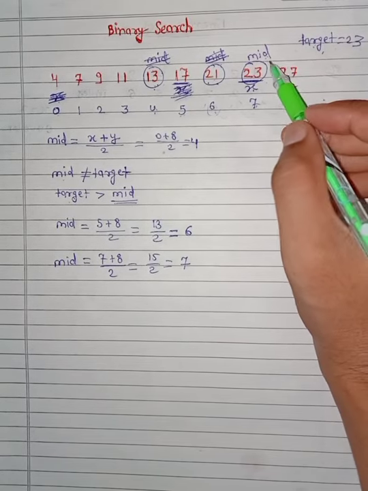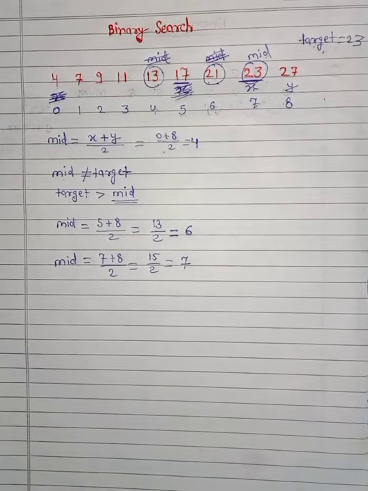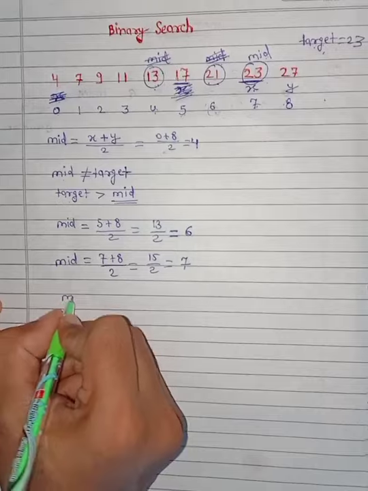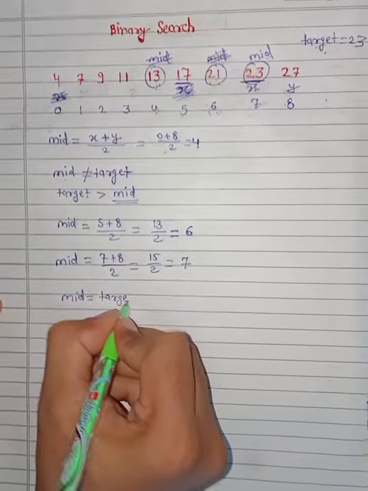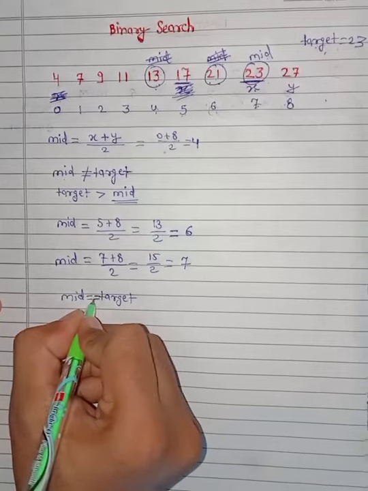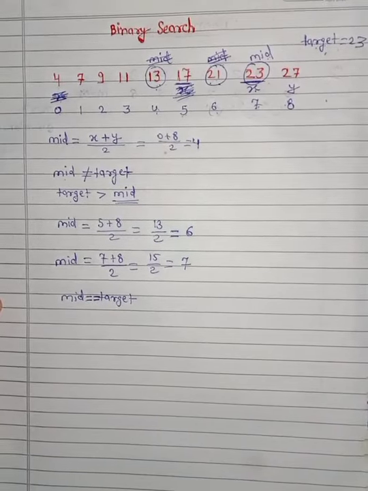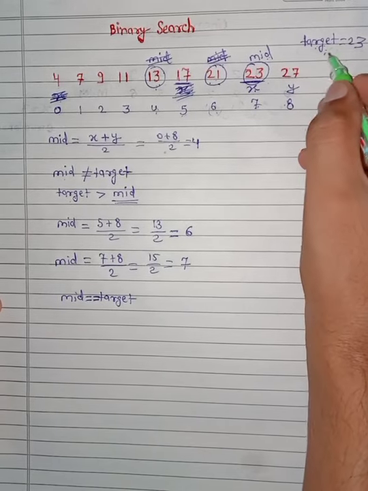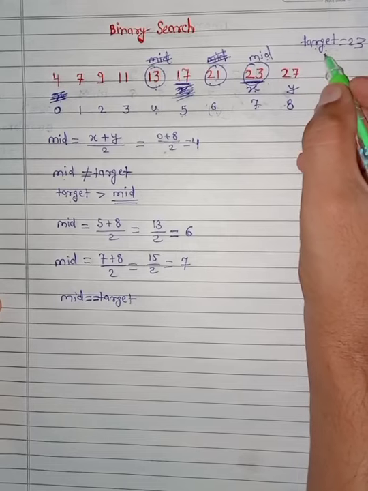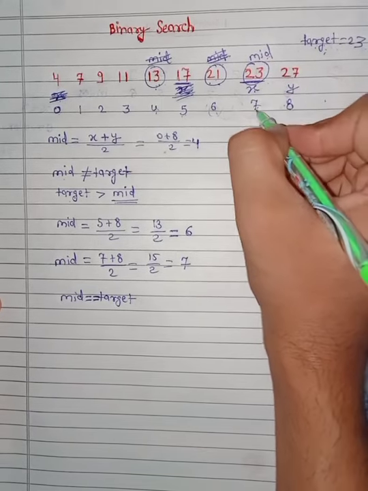So here the mid value is equal to the target, so we have found the target element, and we can say the position of our target element is 7.